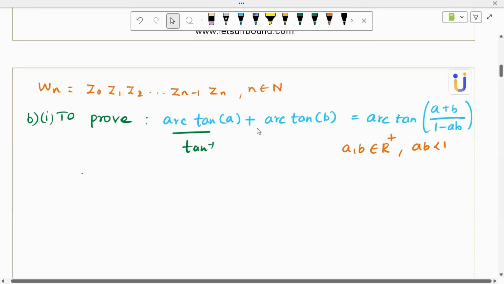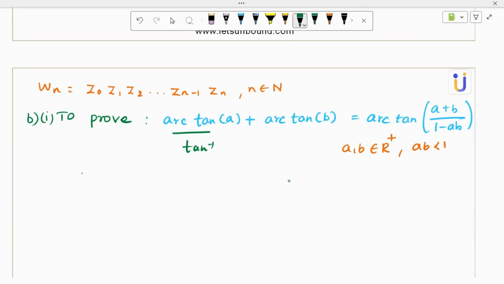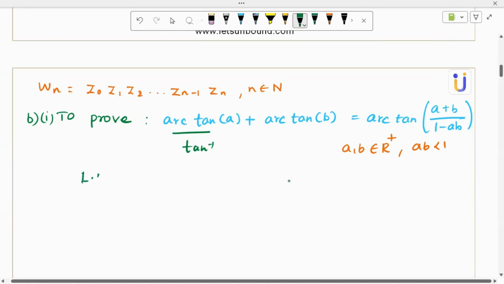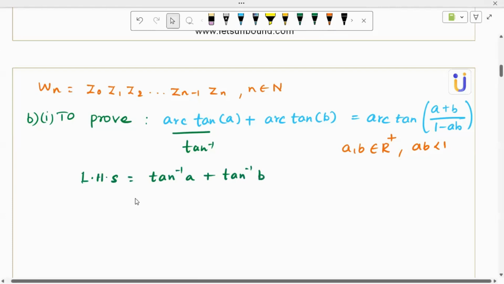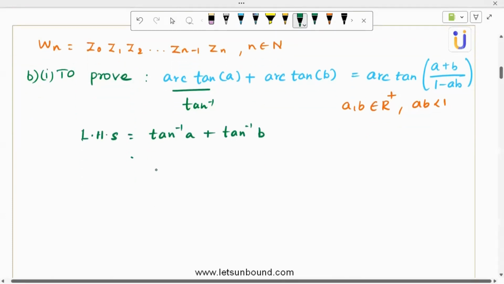Let me start with the LHS, and I will use some logical steps and we will end up with the RHS. So take the LHS, it's tan inverse a plus tan inverse b. I can express tan inverse in this way because I want to convert into the argument form here. So tan inverse a by 1 plus tan inverse b by 1.